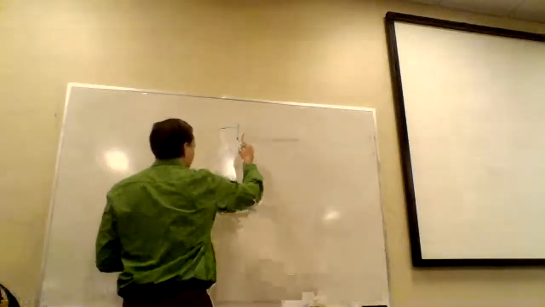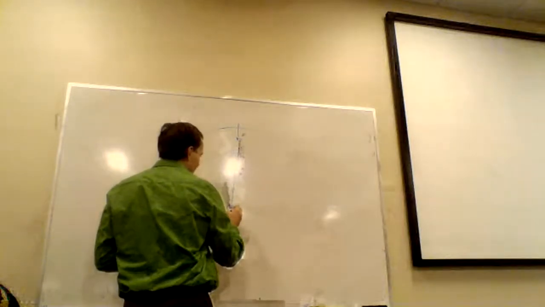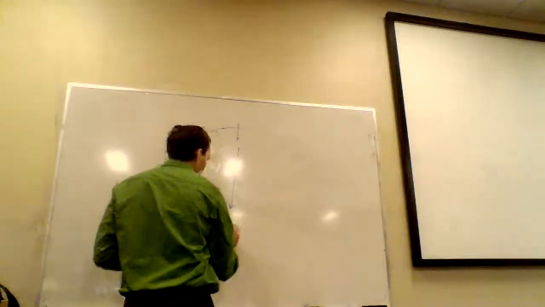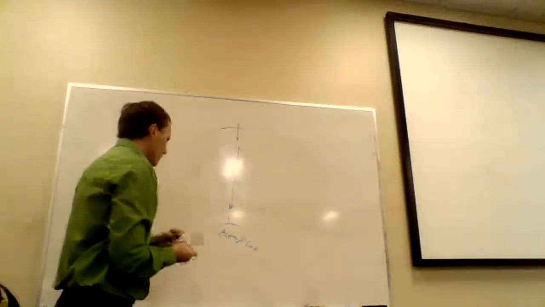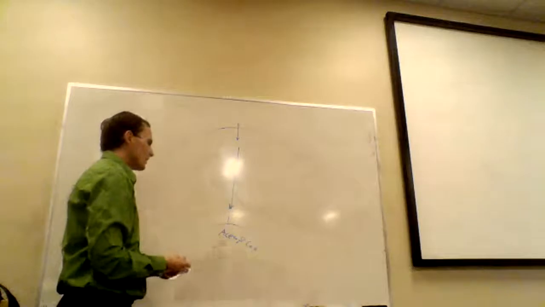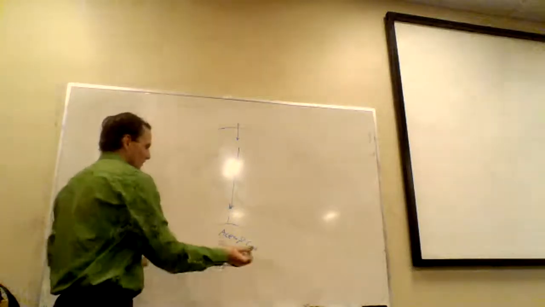But we're going to go ahead and have glucose come in. It goes down glycolysis, and then it goes into the mitochondria, and we have acetyl-CoA.